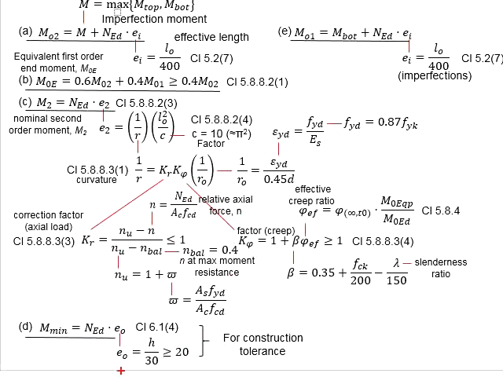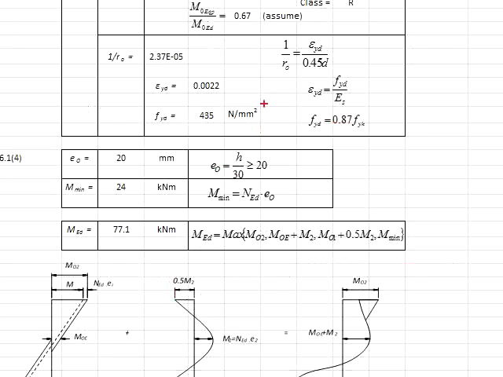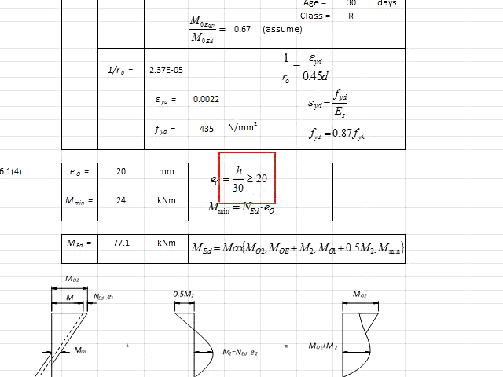The E0 is determined by the H divided by 30, and the E0 needs to be greater than 20 mm. Substitute the value into the formula here, you get E0 equals to 20 mm. Now your M-mean is by multiplying this 20 mm with NED, you get 24 kilonewton meter.